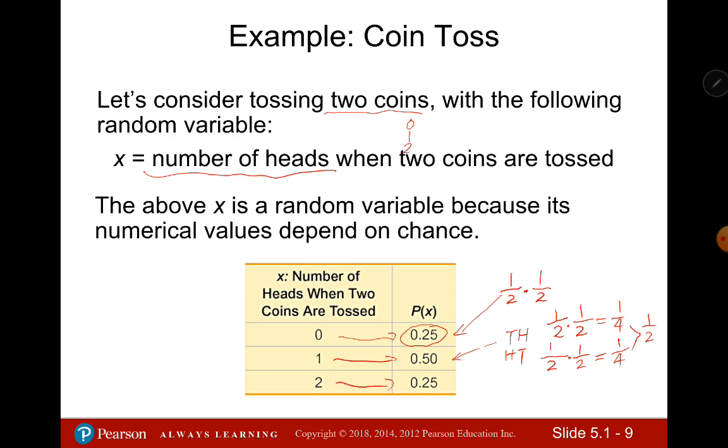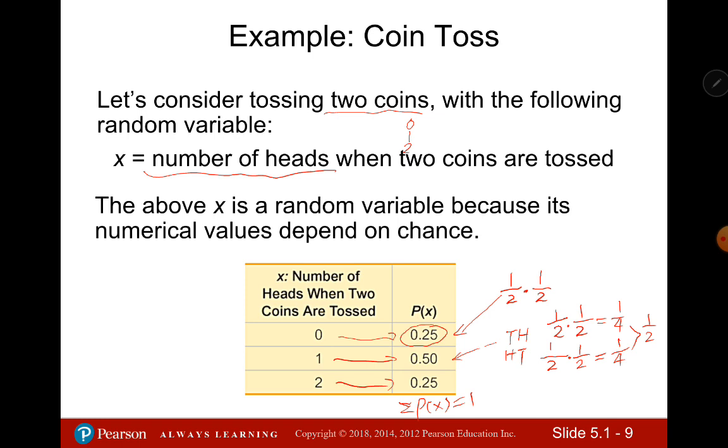The second requirement, we need to check the sum, so the sigma P(x). We get that it's equal to 1. That's good. The second requirement is also satisfied. Then we check the last one. Each probability should be a number between 0 and 1. And that's true, right? So all three requirements are satisfied.